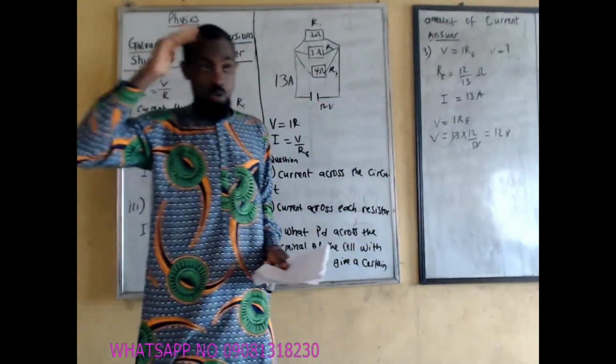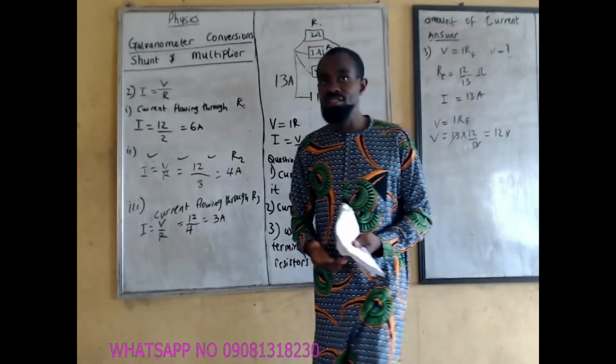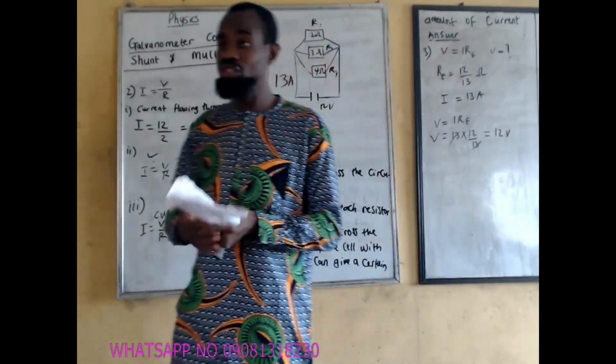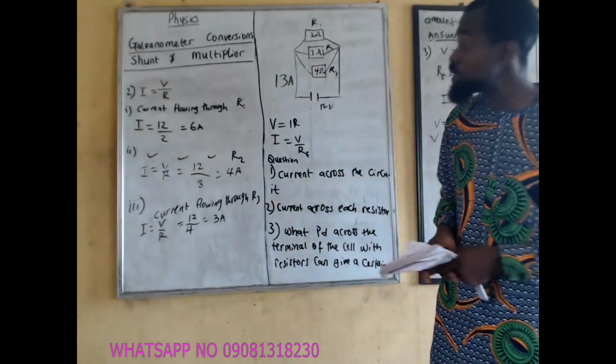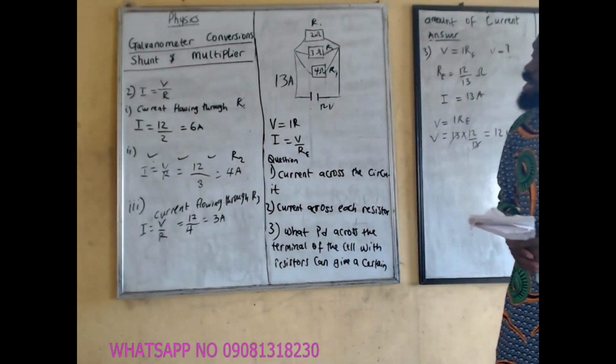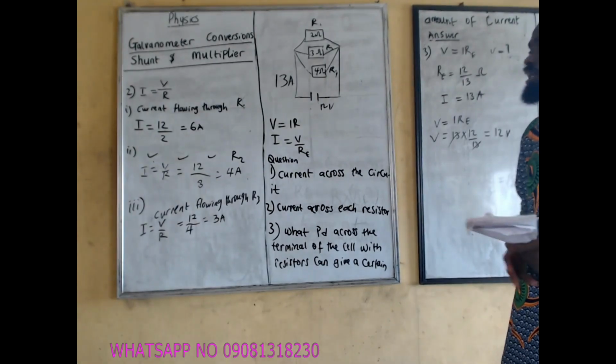Because when resistors are in parallel, the current flowing through each resistor is not the same. There's a current drop. So we will show you how to calculate that.